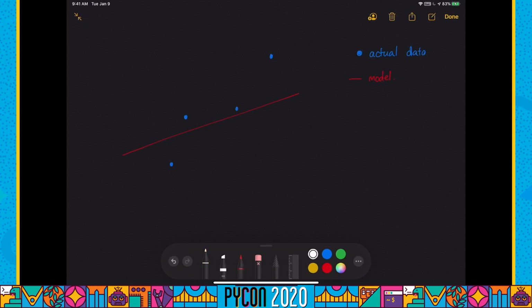Let's backtrack a little bit. We also have the x and the y axes. Mean squared error is calculated in this way. Take the ground truth value and calculate its distance to the model on the y-axis only.